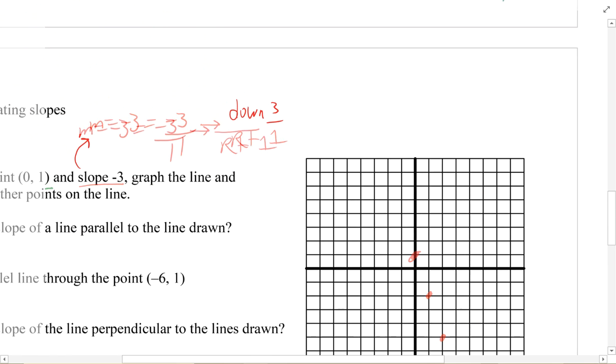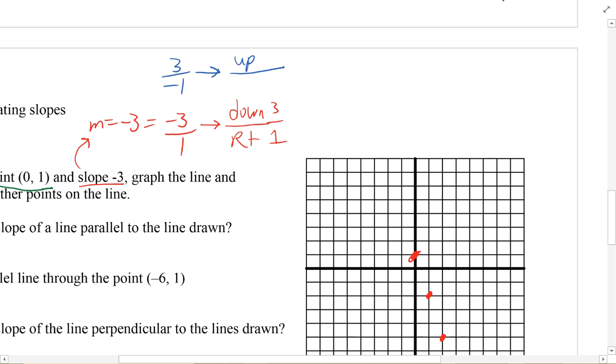So for the other direction, instead of negative 3 over 1, it's positive 3 over negative 1. So how do we count that? What does a positive 3 tell us? Up 3 and negative on your run? Left 1. I hope you see that these are opposite directions. They both switched. Okay?